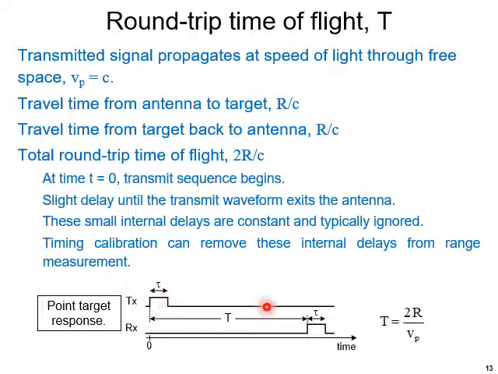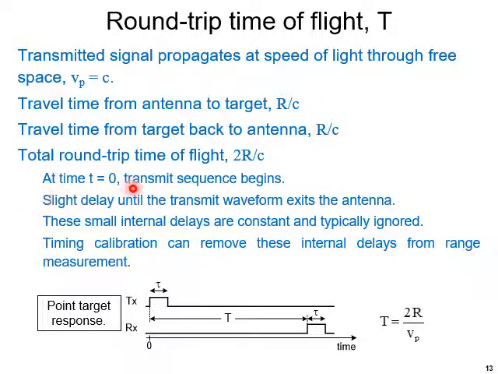This pulse moves to the target and then returns to the receiver. The travel time from antenna to target is r by c, and it takes the same amount of time to return from target back to antenna, again r by c. So the total round trip time of flight is twice r by c, the addition of these two.